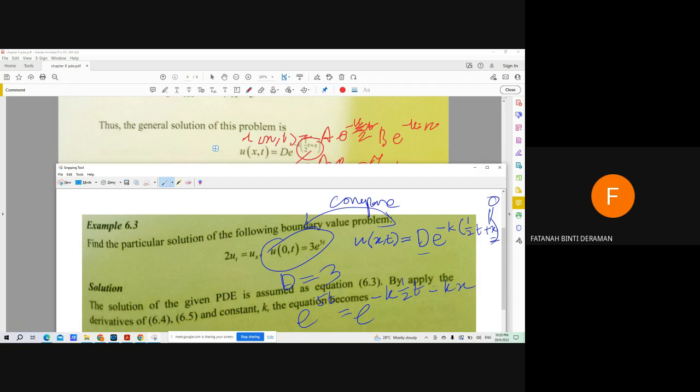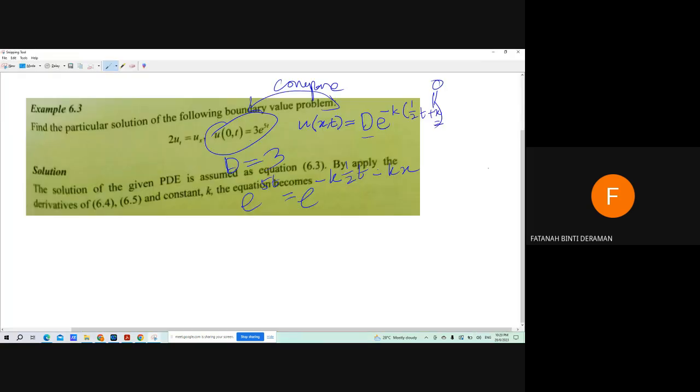Because they have no term of x at this side, so 5t equals negative K times 1 over 2 t. We can cancel t.